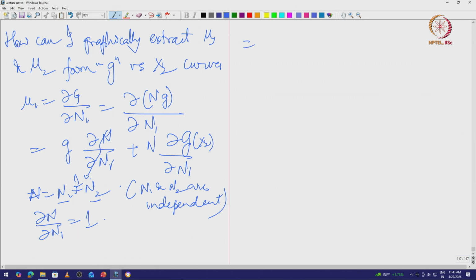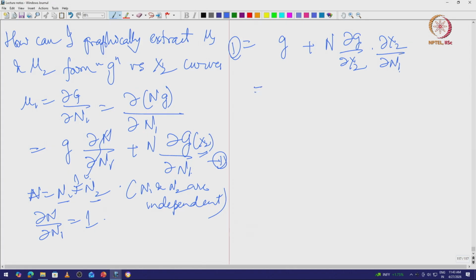So, this will just be equal to g plus capital N times dou g by dou n1, and now I want to write it in terms of x2. I am going to write it as dou g by dou x2 times dou x2 by dou n1. How does n1 change by changing x2? Those are the sort of questions that we are asking.